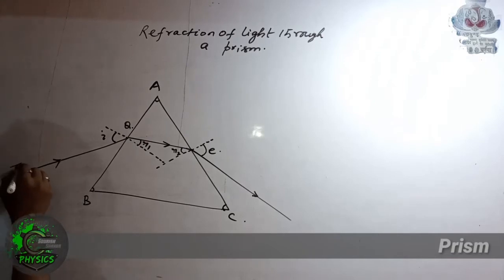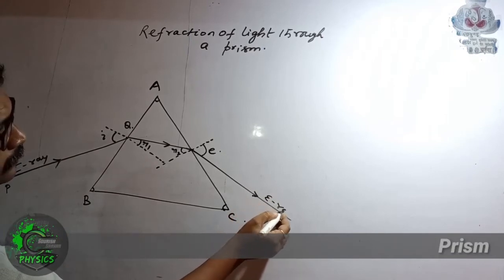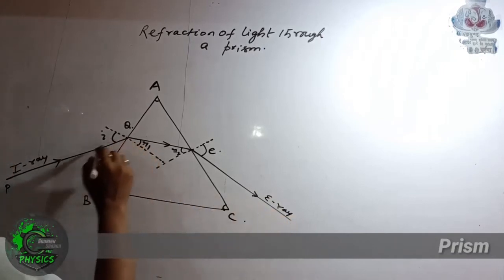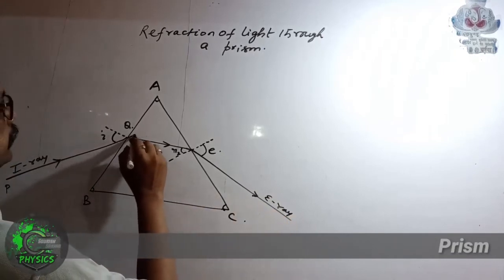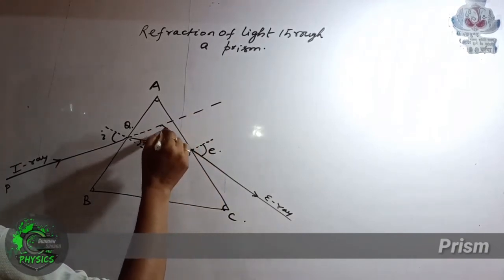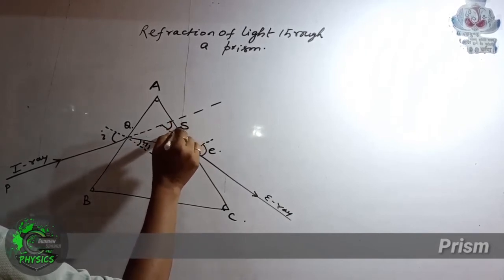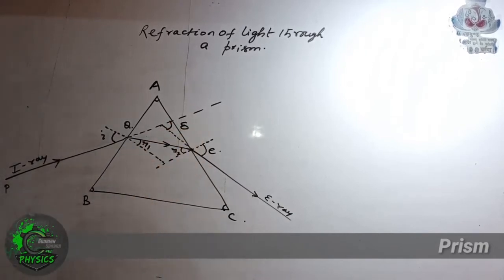Now this is the incident ray, this is the emergent ray and this is the refracted ray. If the incident ray is produced forward and the emergent ray is produced backward, then the angle between them is called the angle of deviation, delta.